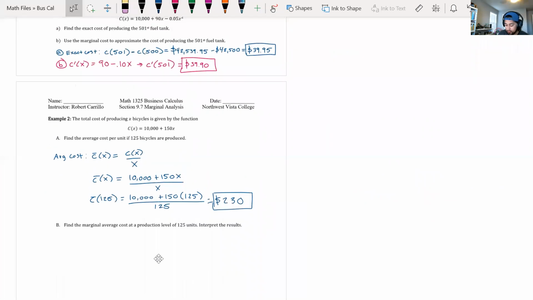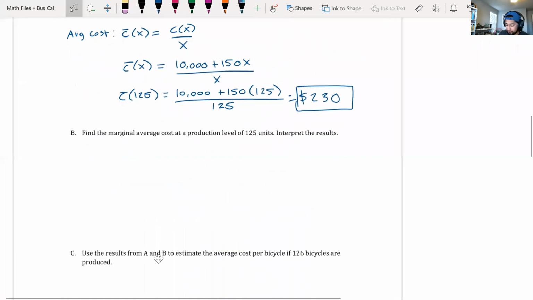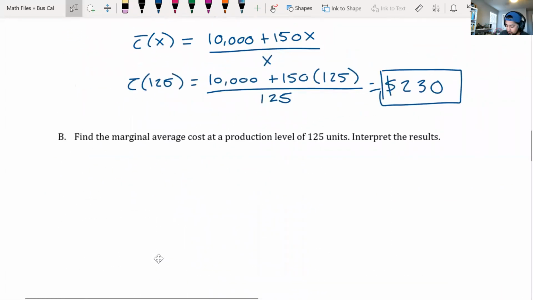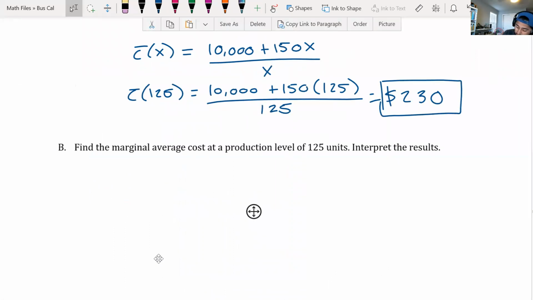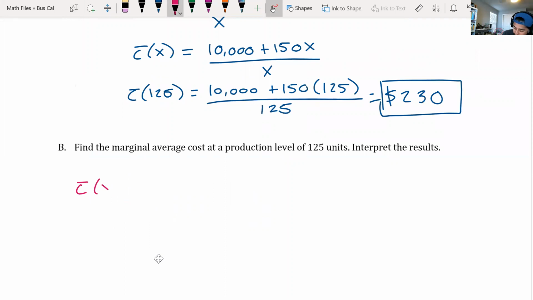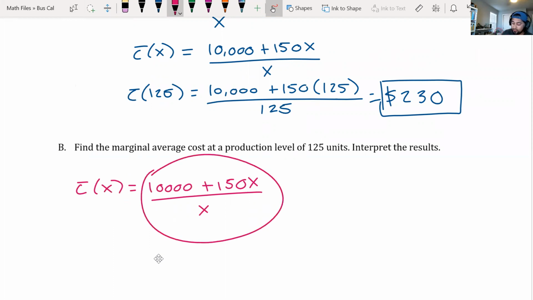And let's get that handled. So okay, we'll first start off with our function C bar of X, which is 10,000 plus 150x over x. And remember that we can't take the derivative in this form, so we have to split it up algebraically.